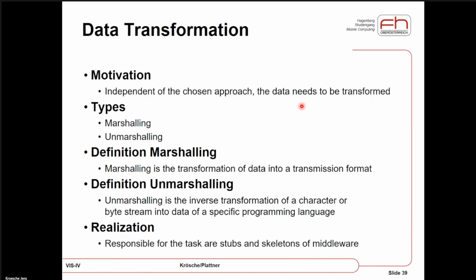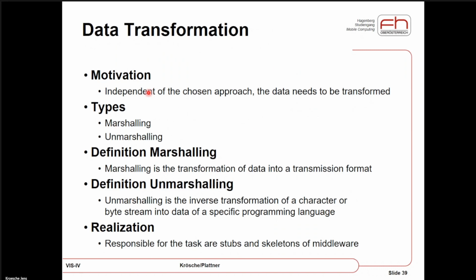So one of the big things inside each of these middleware technologies is always that we have something we want to call, a method. We call a method. And now this call of a method needs to be transformed into what goes over the communication layer. So we need to transform it into a byte stream.